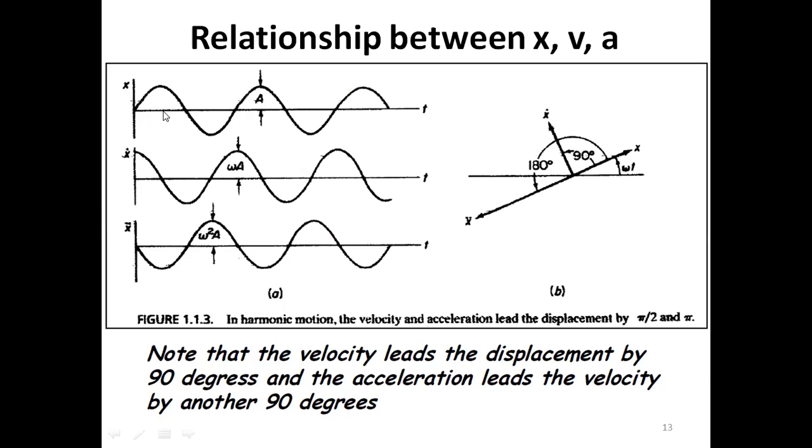So if we look here, this is the time, and in this plot, the vertical represents the displacement. Look here, when time is 0, the displacement is 0. So it means that at this instant, the mass is actually at the equilibrium position. The system is vibrating, the mass is moving, but at that instant, it is at the equilibrium position or mean position.